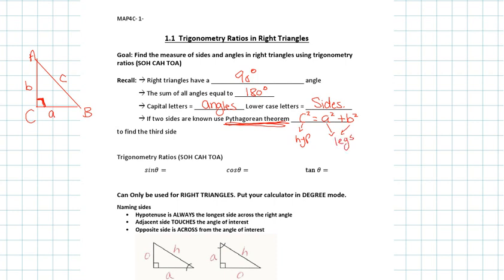So when I'm trying to find the hypotenuse, c squared equals the two sides squared, added together. Let's look at an example. I'm going to add a page here and make a right angle triangle.